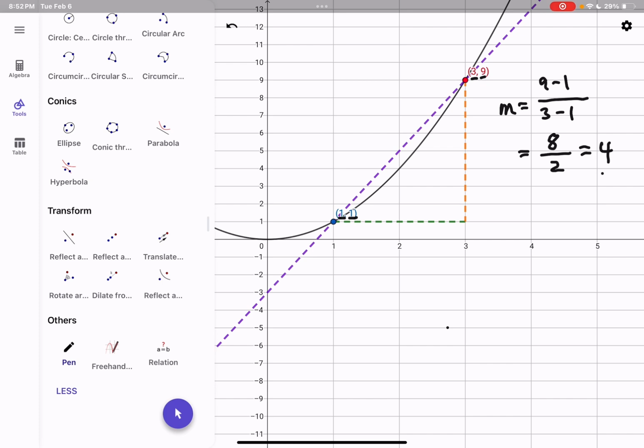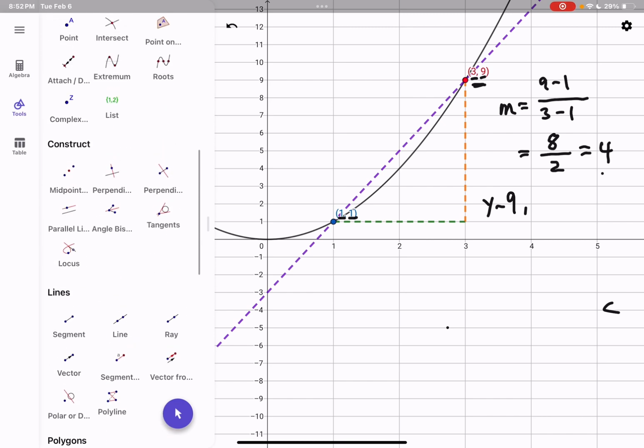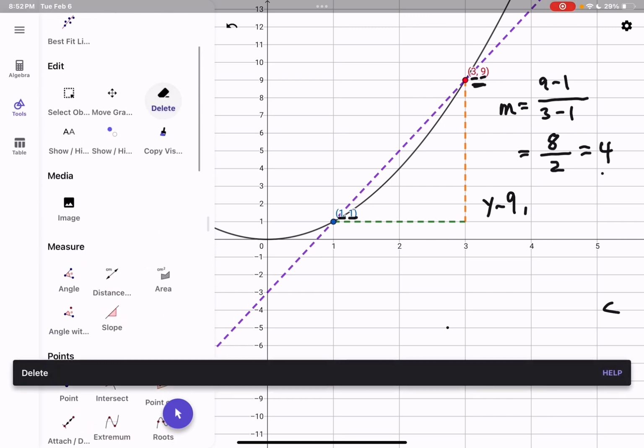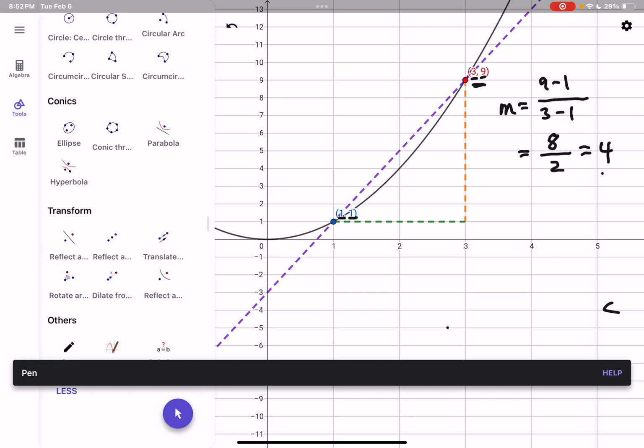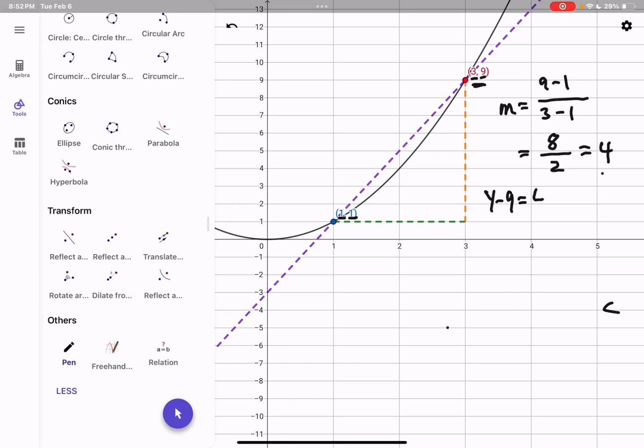And now, of course, I can use the point-slope form. So y minus, let's use this point because it's different for x and y. y minus y1, so the number 9, equals the slope 4 times x minus 3.